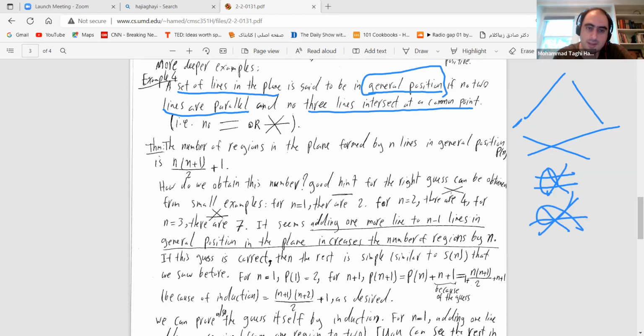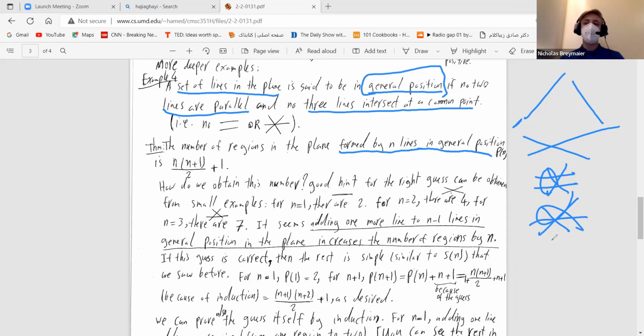This is a statement: the number of regions in the plane formed by n lines in general position is n times n plus 1 over 2, plus 1. Good. For example, if the number of lines is 0, how many regions do we have? Please unmute and answer. Just one region.